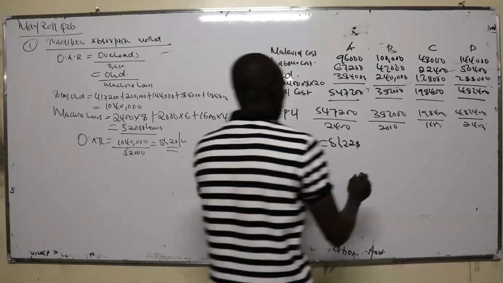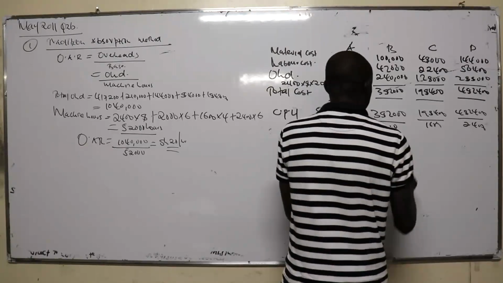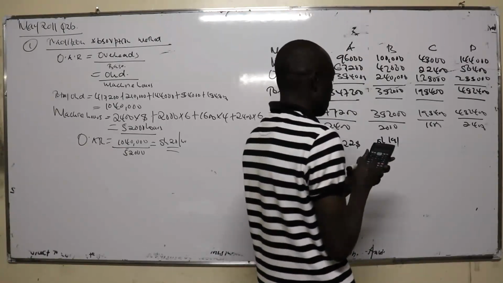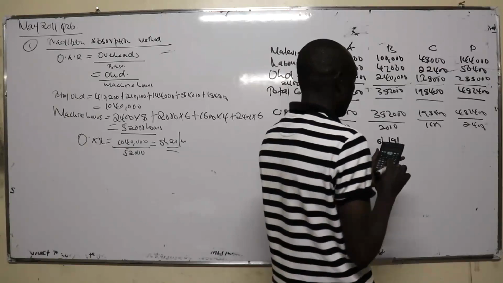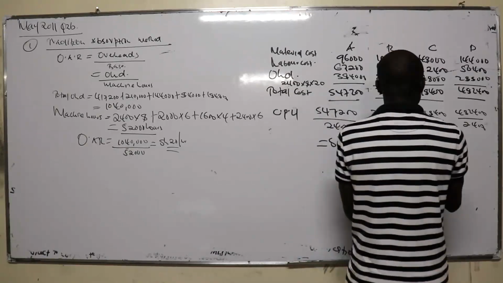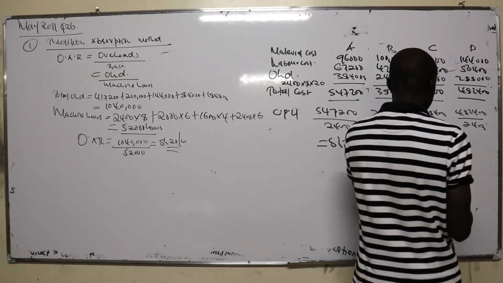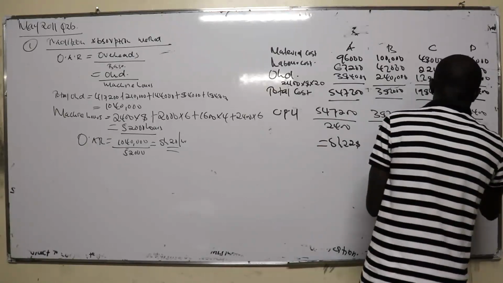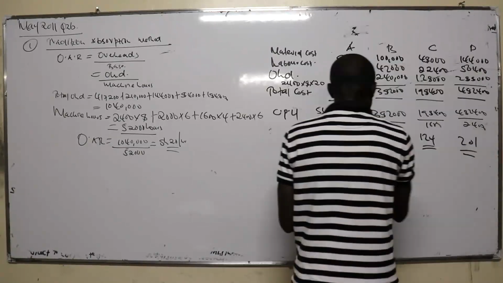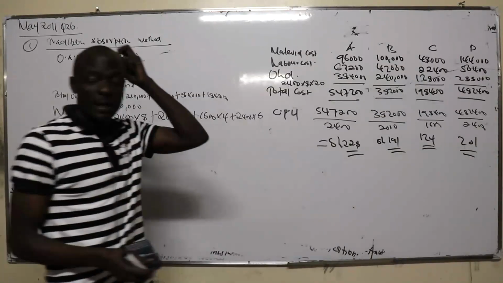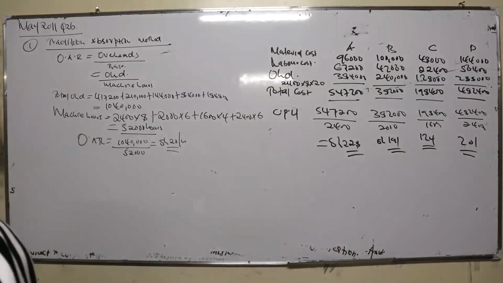This is going to be shillings 191. So that is the overhead cost. That is the total cost per unit of the products using the traditional methods.